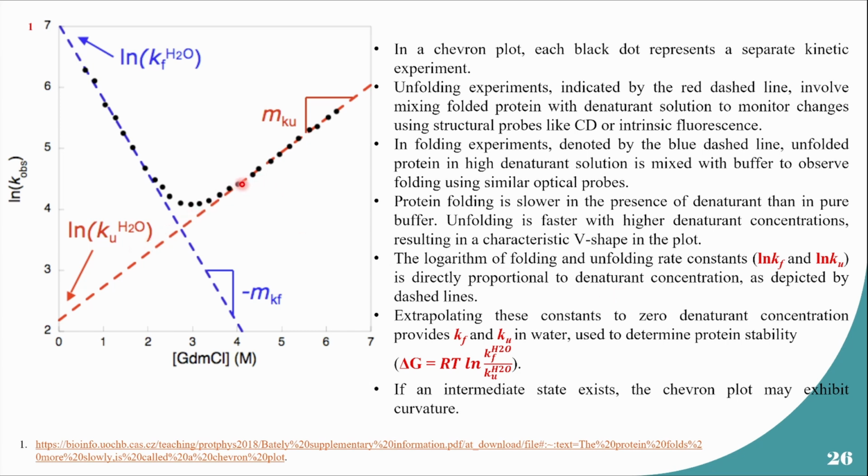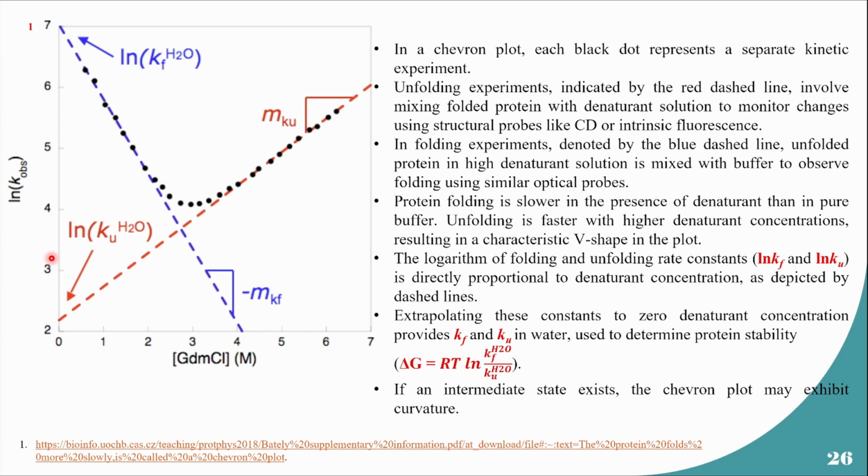Now you can extrapolate the data, as I said here. So you can extrapolate these dotted lines, and you can try to measure what the folding rate was when there was no denaturant concentration, and what the unfolding rate was when there was no denaturant present, right?